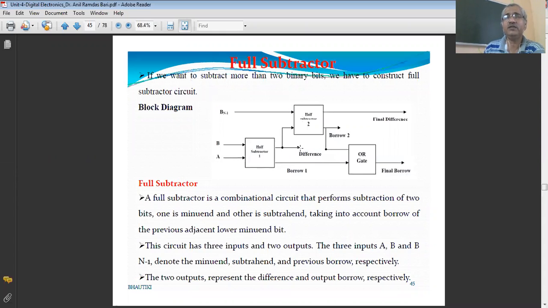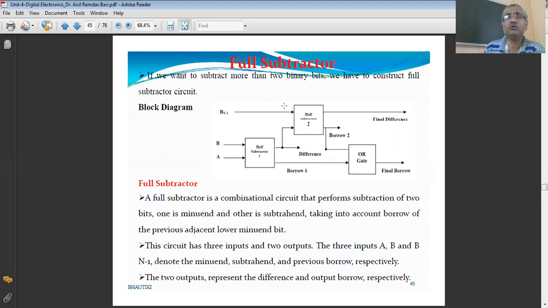The full subtractor takes 2 half subtractors, half subtractor 1 and half subtractor 2, and 1 OR gate. First A minus B is carried out by the first half subtractor, and the difference produced is again subtracted from the borrow bit.